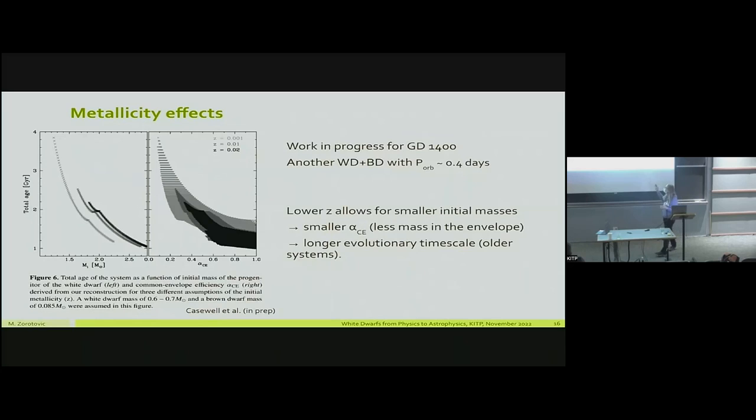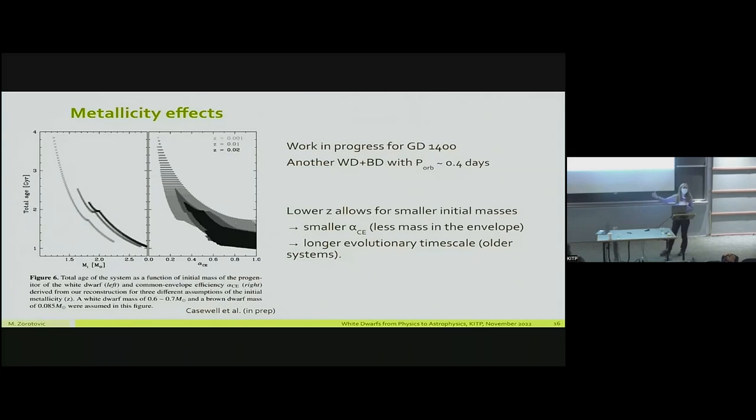Lower metallicity allows for lower mass progenitors, which means you can have less mass in the envelope, so alpha gets smaller, but the time scale for evolution gets larger. So I didn't care much about metallicity before because I just compared these two. I never did the grid with very low metallicity. And then it really matters.